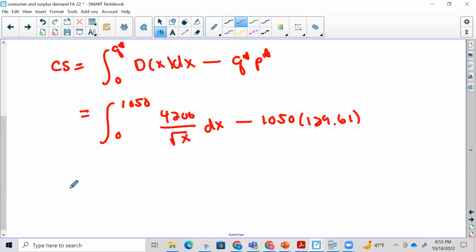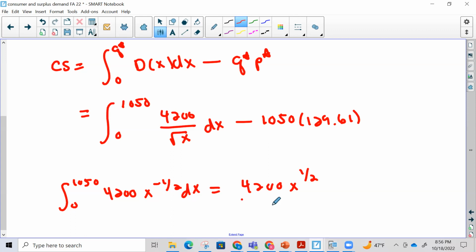If I take this integral from 0 to 1050, I'm going to write it as 4200 x to the -1/2 so that I can integrate it. We add 1, so -1/2 plus 1 is +1/2, and we divide by that new exponent, going from 0 to 1050.